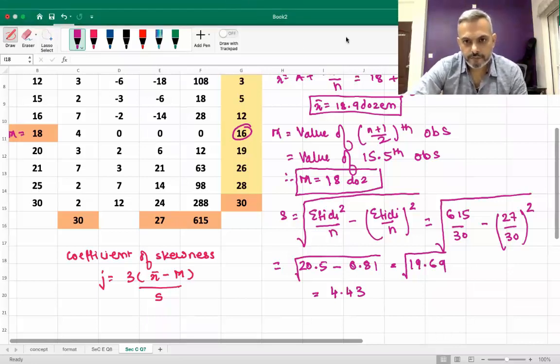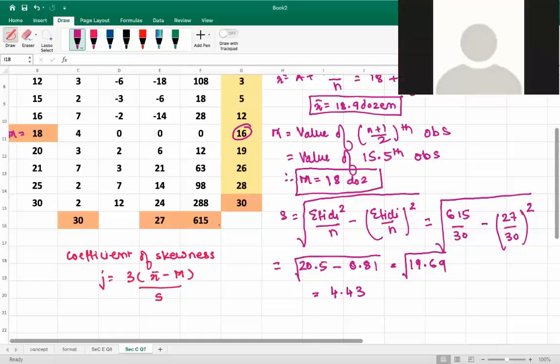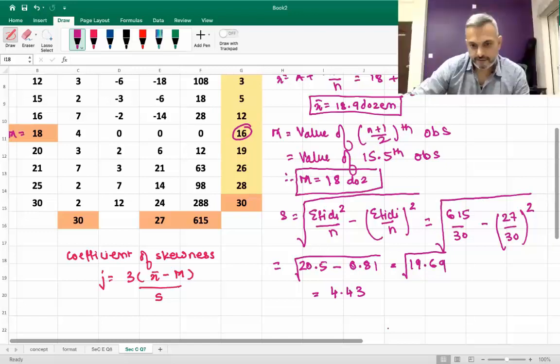Is it so? So 4.437. So therefore standard deviation is equal to 4.44.